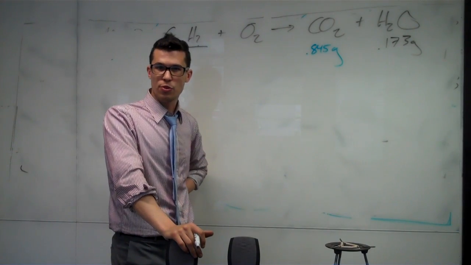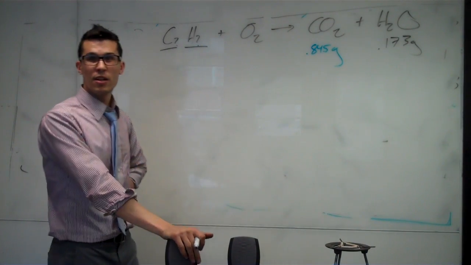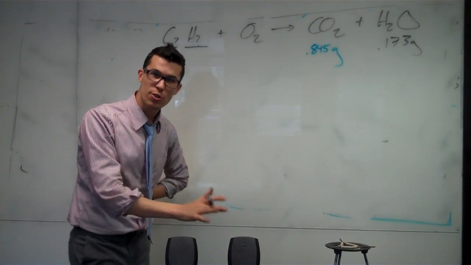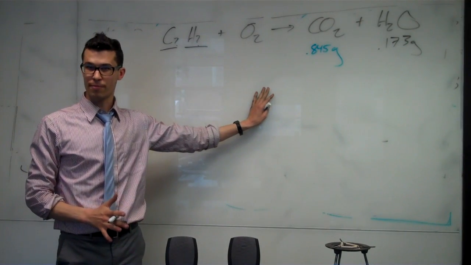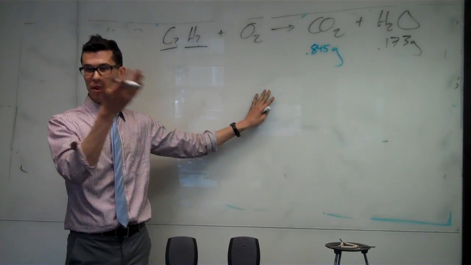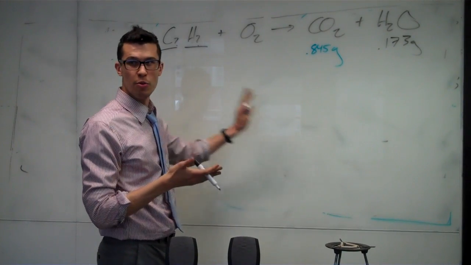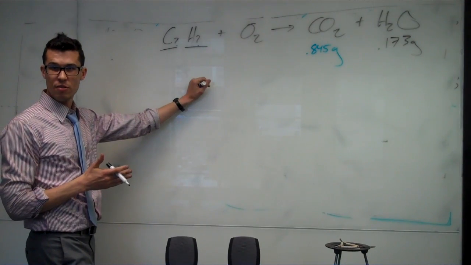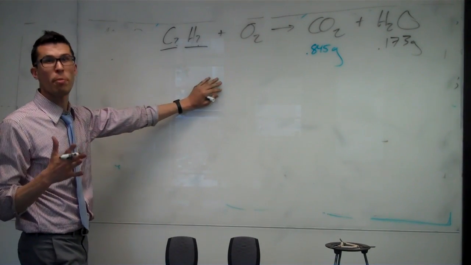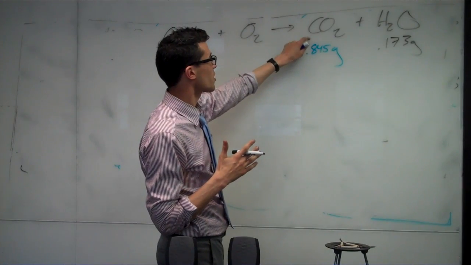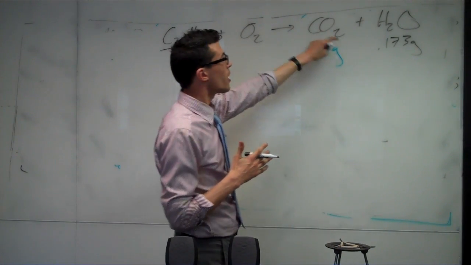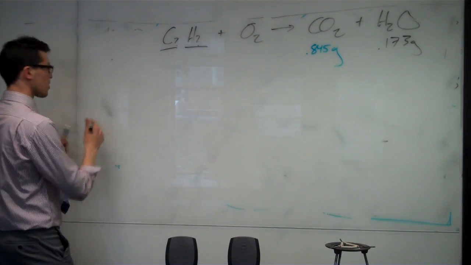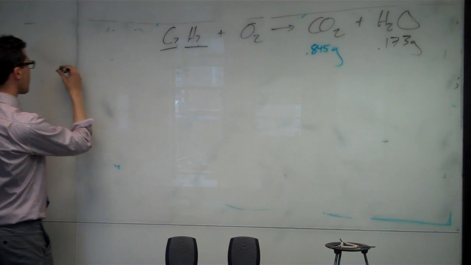Then turn both of those grams of C and grams of H into moles of C and moles of H. Then from there it turns into an easy empirical formula problem, where you're comparing the moles of the C to the moles of the H, so you can find an empirical formula for C and H. So that's our strategy. The hardest part is figuring out how much C there is in CO2 and how much H there is in H2O.